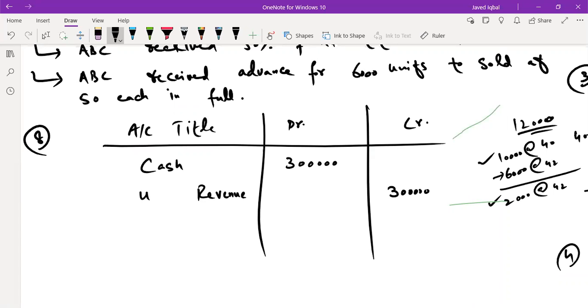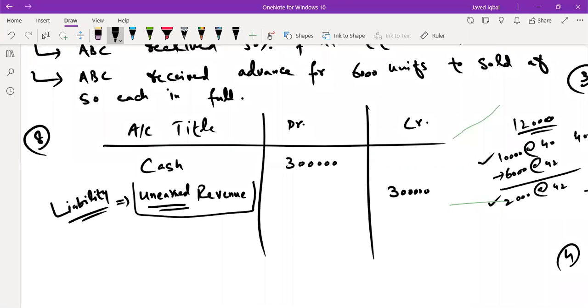So this is why it is called unearned revenue. And this is a kind of liability basically. This is not your real revenue. So whenever you receive something in advance and you have not delivered goods or services, you record them as unearned revenue.